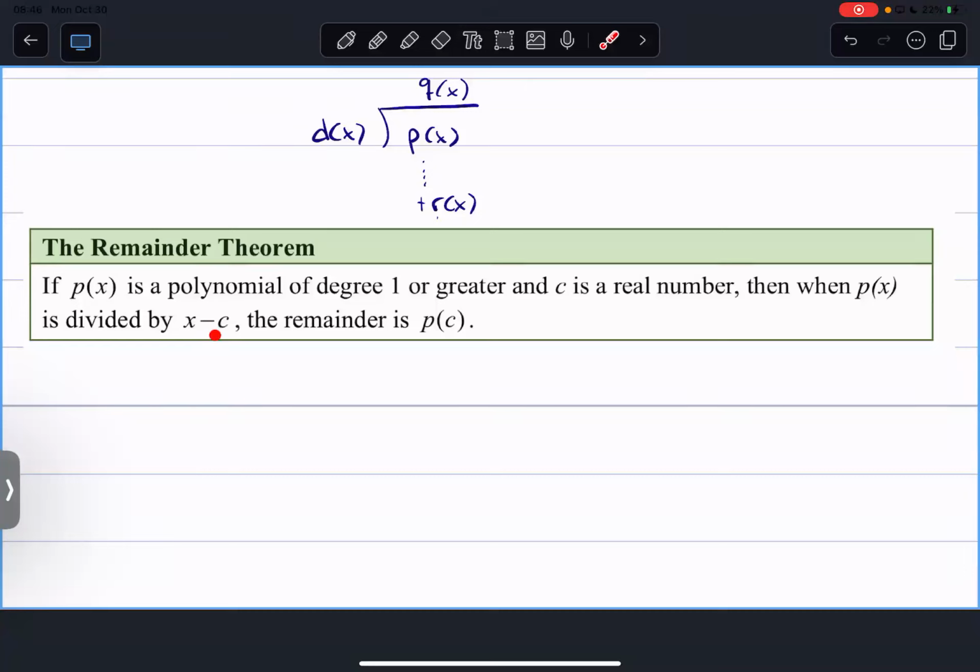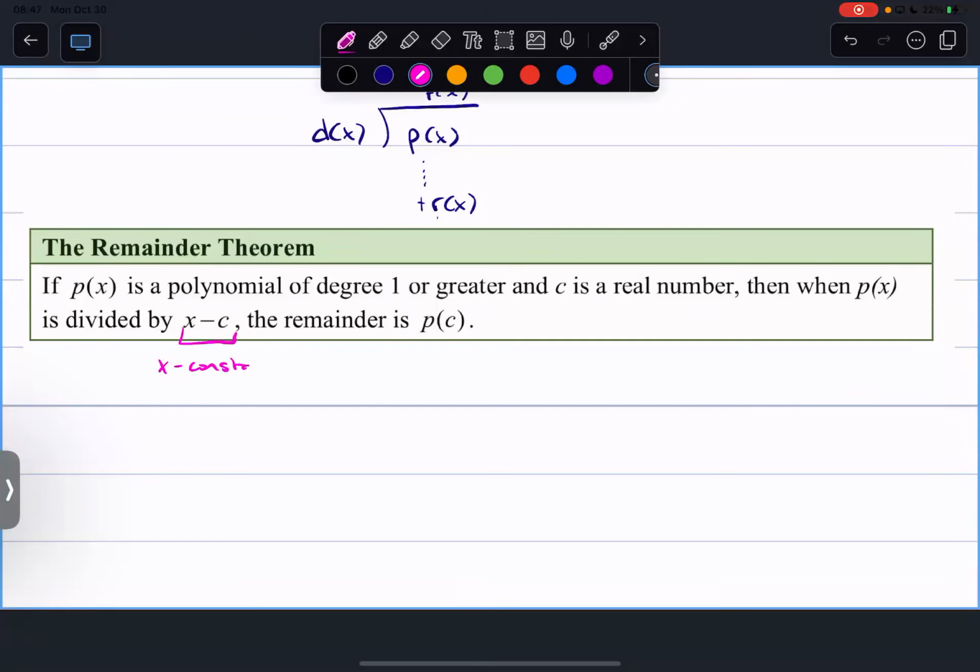But this also means that that's as high as I'm going to go. I'm going to make you divide by x minus some constant. I'm not going to make you divide by something crazy, like another bigger polynomial. We're going to stick to x minus c, x minus a constant, for example, x minus 2, which is what we did.